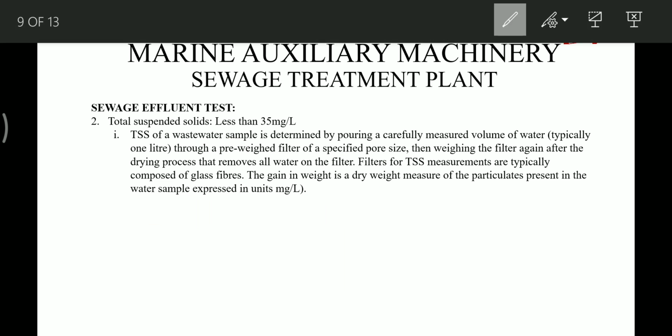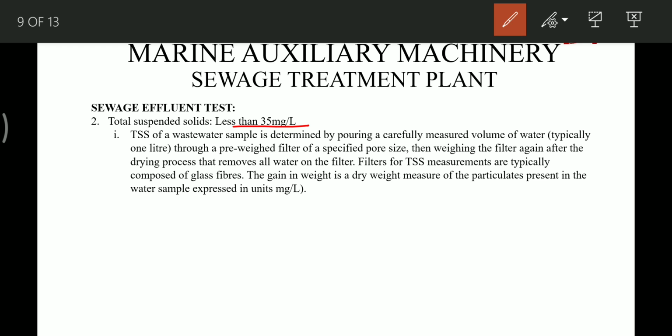Now the second test which is carried out on the sewage is the total suspended solids, and the limit for this is 35 mg per liter. Total suspended solids of the wastewater sample is determined by pouring a carefully measured volume of water, typically 1 liter, through a pre-weighed filter of a specific pore size, then weighing the filter again after a drying process that removes all the water on the filter.